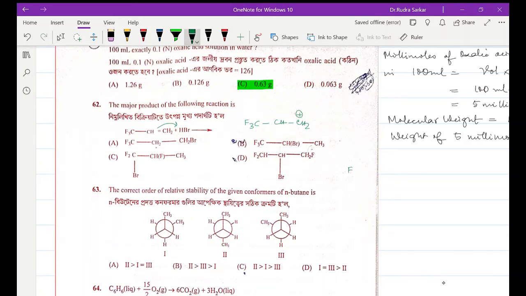Not this one, because of the minus I effect, it is less stable. So this is not the correct one.